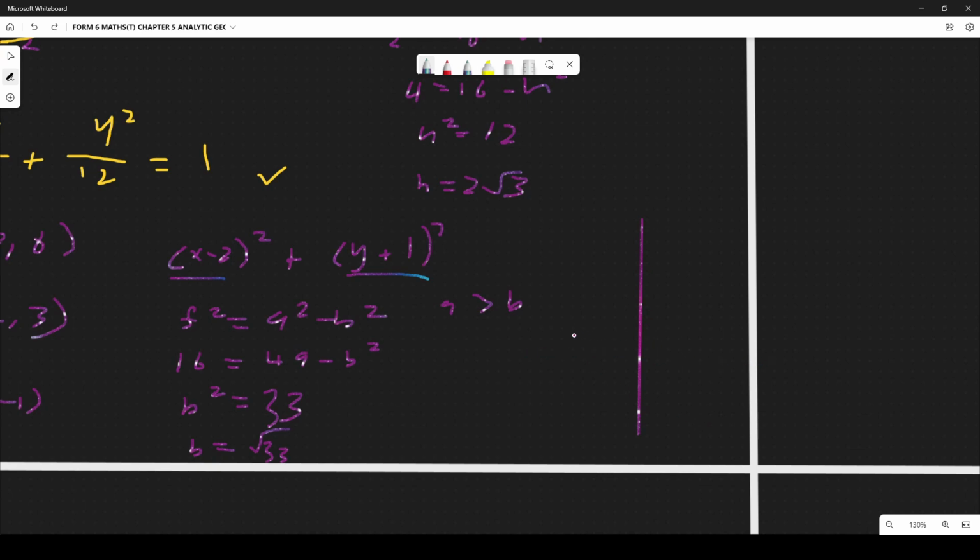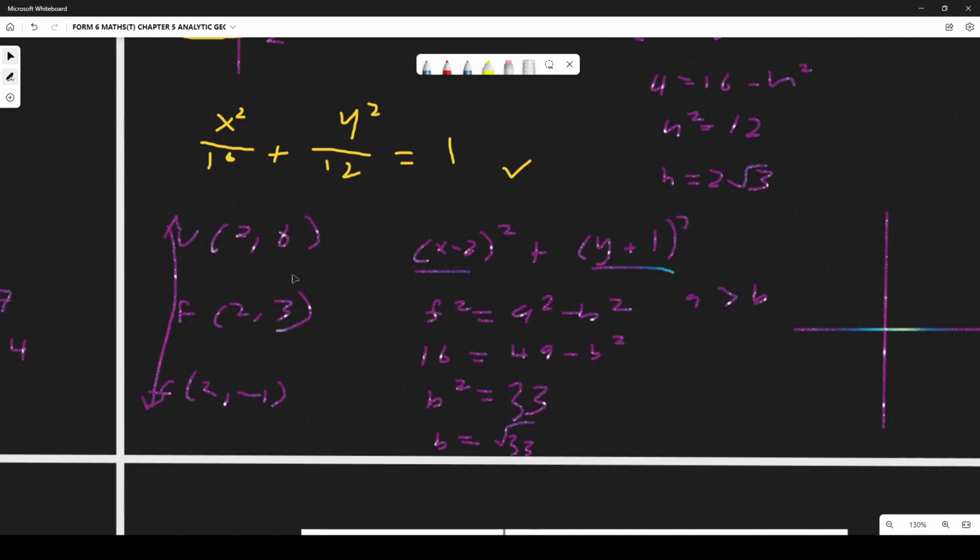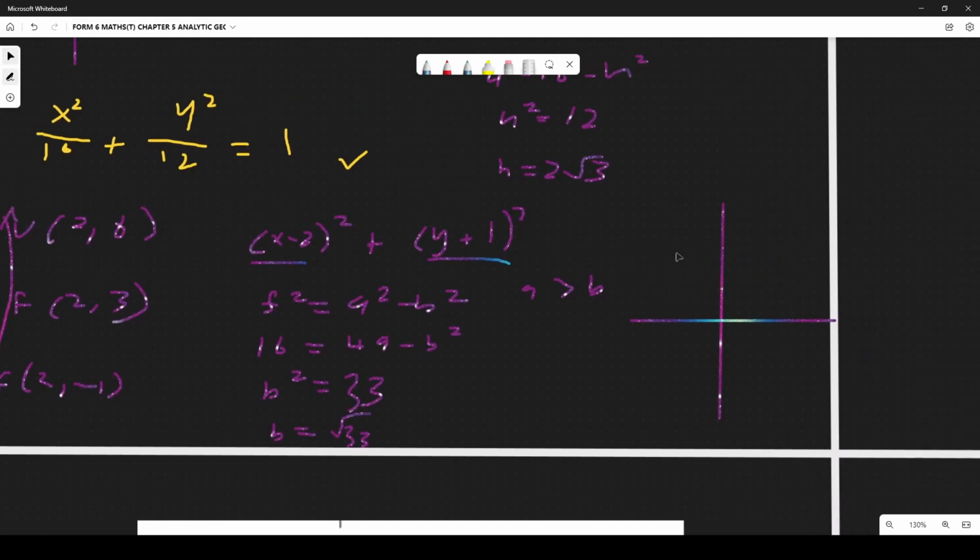Since I know that the center is at 2 and -1, so 2, -1 is somewhere here. So the major axis goes about how much again? 7. So let's leave it around here.